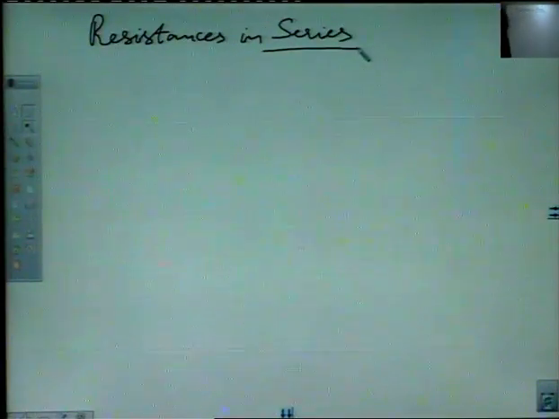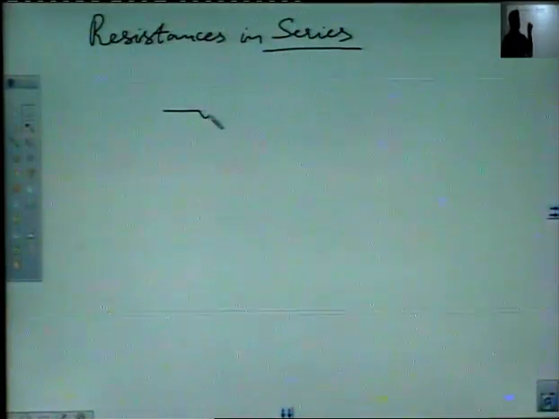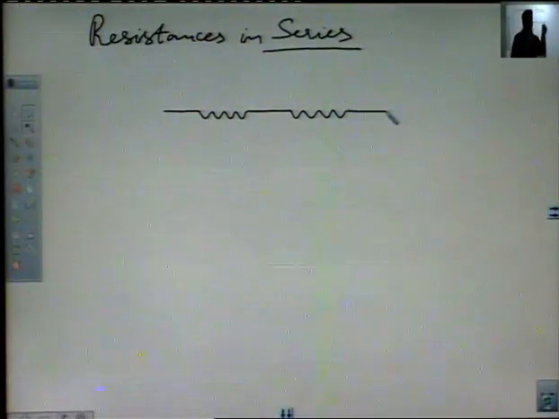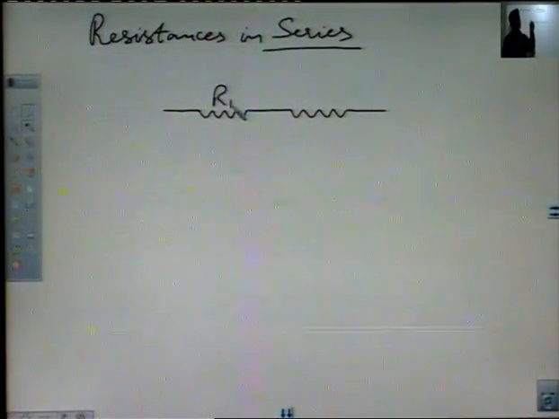Now, two components are said to be connected in series if the same amount of current flows through the components. So, let us consider two resistances R1 and R2 being connected in series.